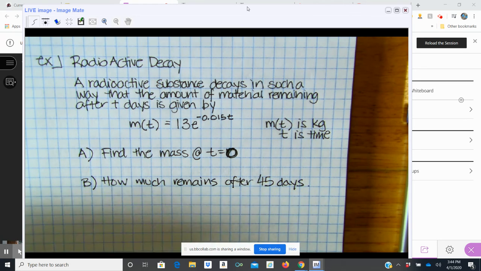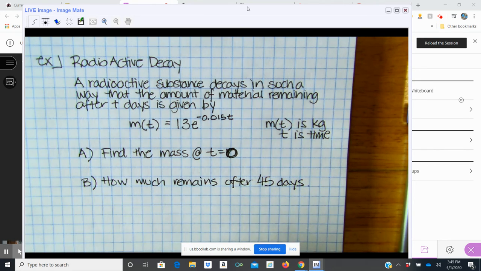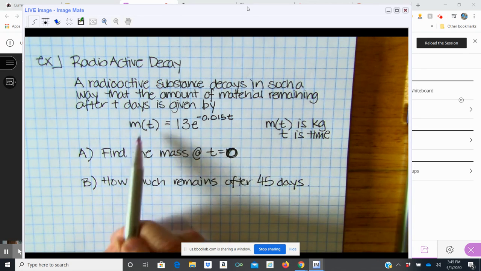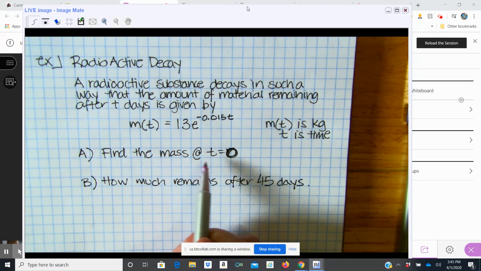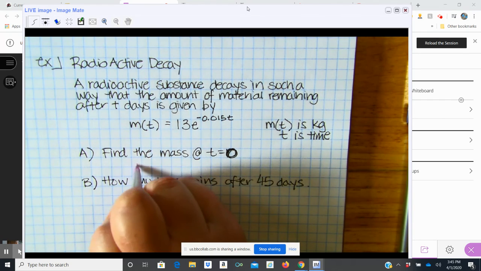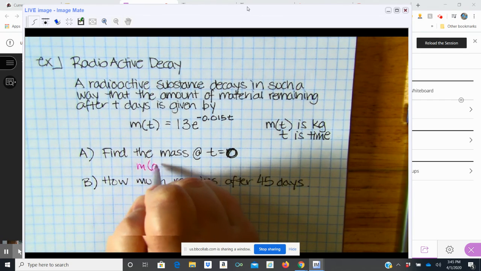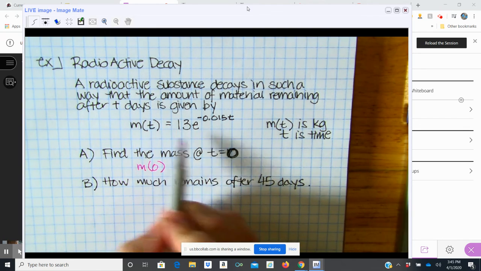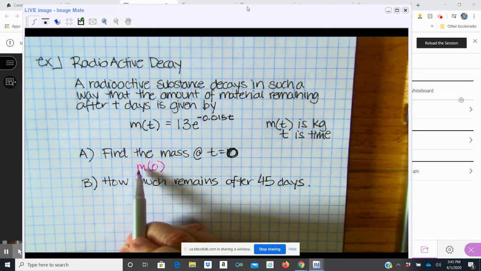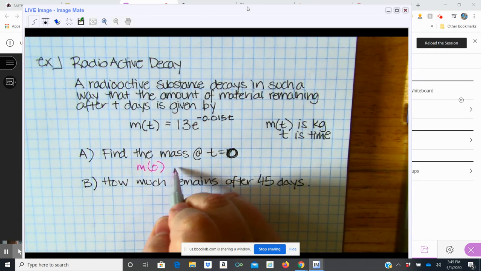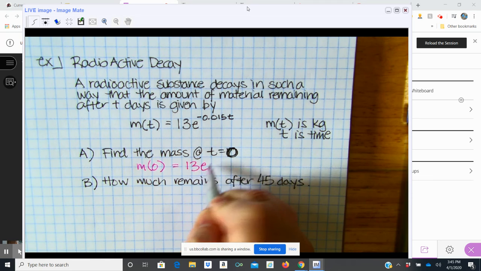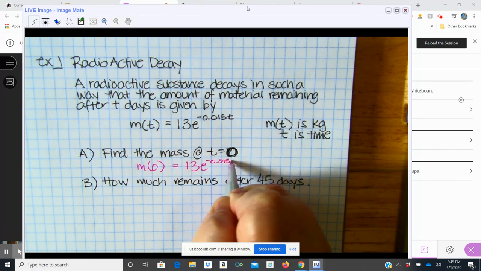So when they give you the formula and they ask you to find the mass at t equals 0, they are literally asking you to find m of 0, where t is equal to 0. So m of 0 would be 13 times e to the negative 0.015 times 0.